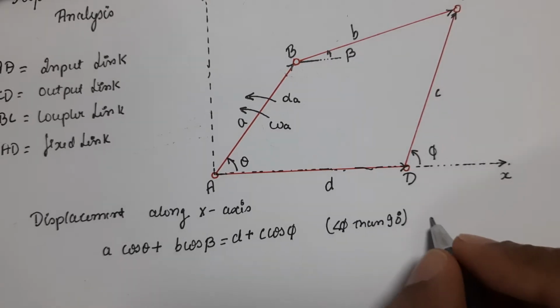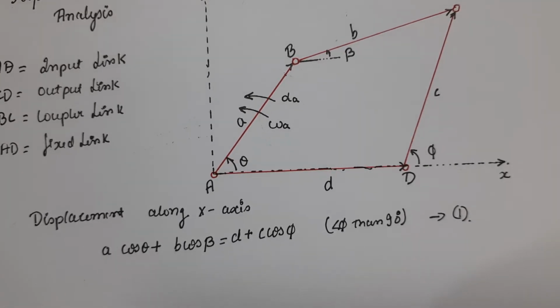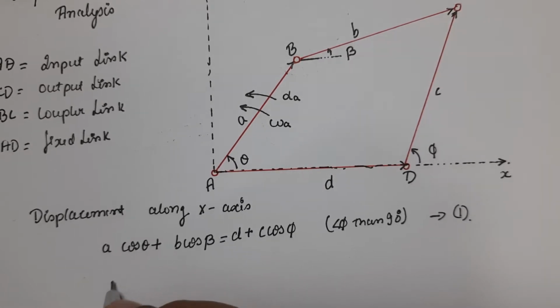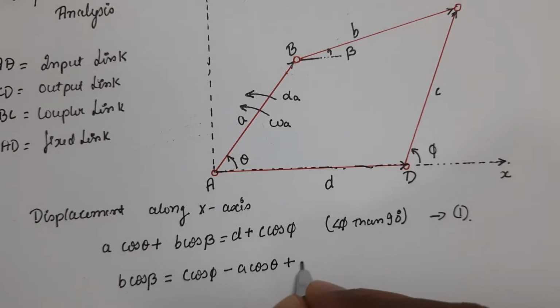So we'll consider this as equation 1 here. Okay, now we can simplify this equation and write it down as B cos beta is equal to C cos phi minus A cos theta plus D.